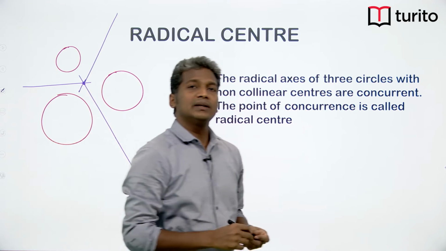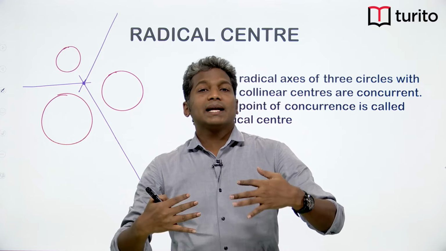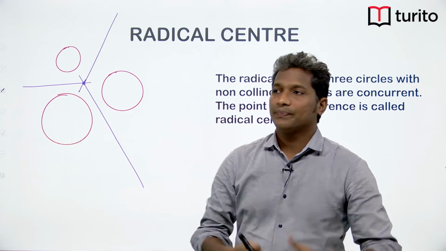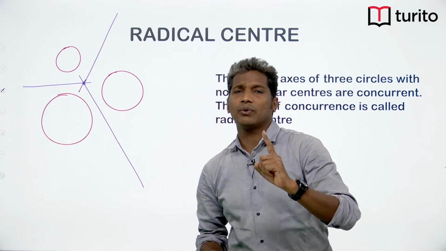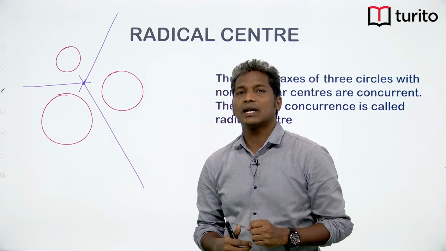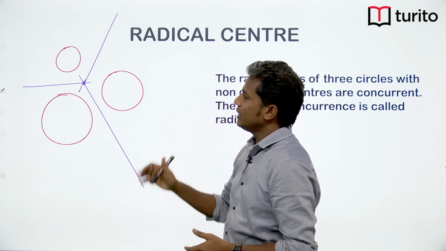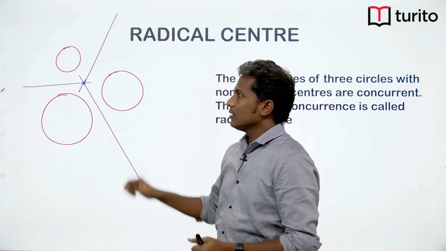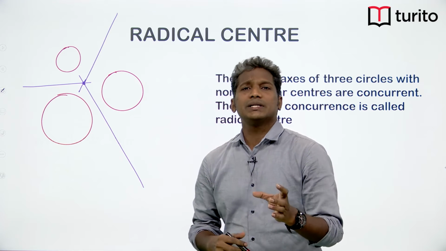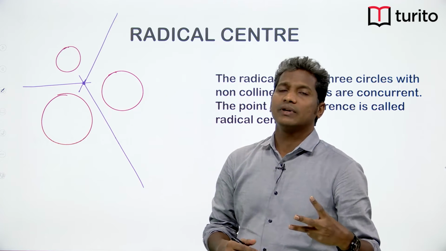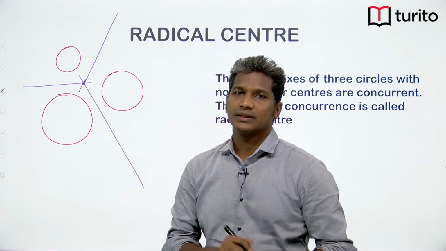So, basically the 3 radical axes that we got for each pair are going to pass through one single point, which is called the radical center. So, in a way we can say that the radical center is the point of concurrency of the 3 radical axes we got for 3 circles.